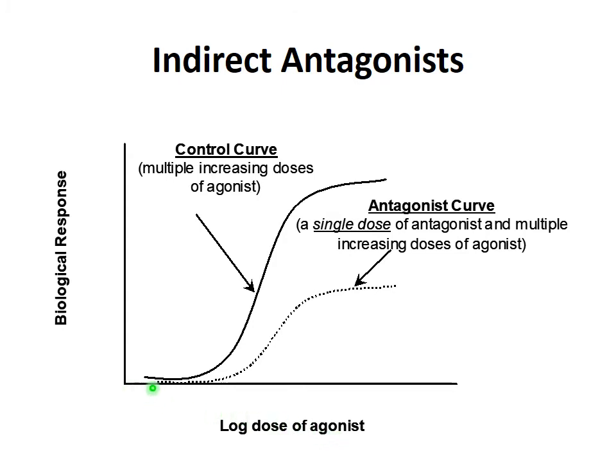If we're increasing the activator, of course the biological response will go up. If we look at the left here, imagine that's just agonist and nothing else. We're just increasing agonist. But the curve on the right would be, if we're doing the same thing, increasing agonist, but we also have the presence of an indirect antagonist.